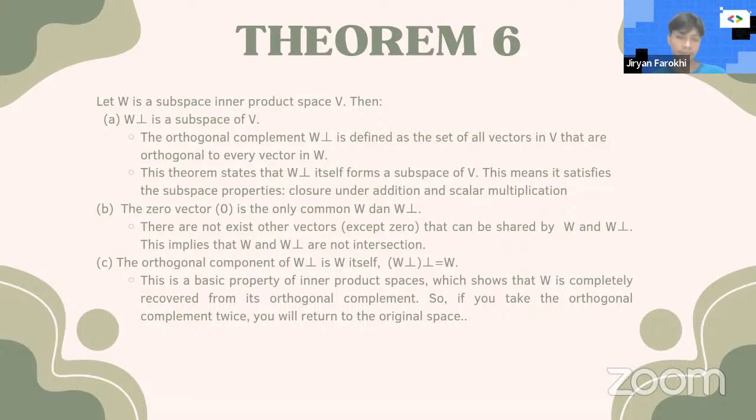The next point is the orthogonal complement of W perp is W itself. You can see the symbol like (W perp) perp equals W. This is a basic property of inner product space, which shows that W is completely recovered from its orthogonal complement. So, if you take the orthogonal complement twice, you will return to the original space.